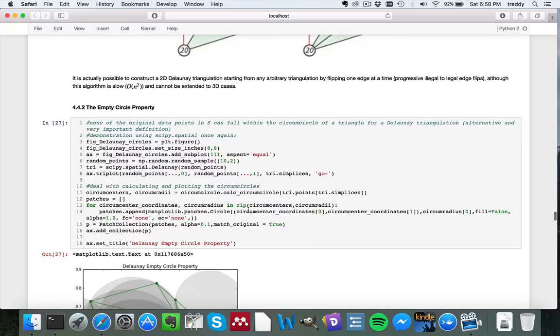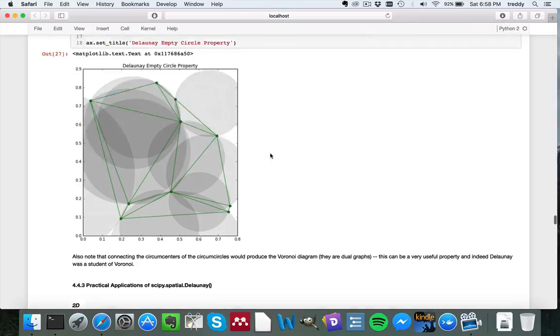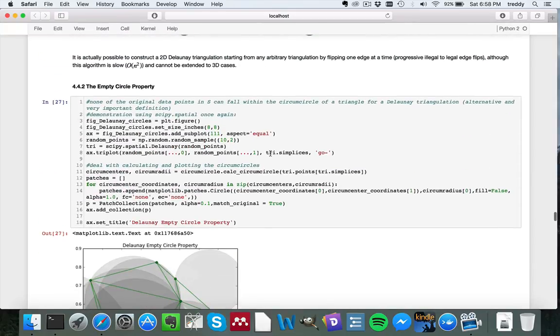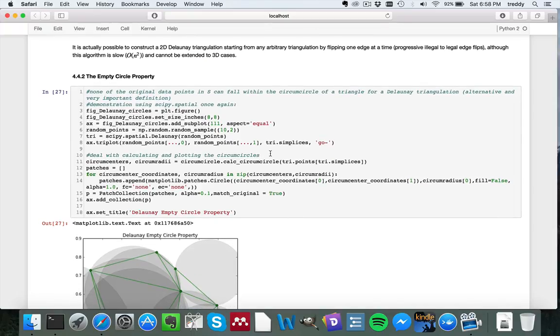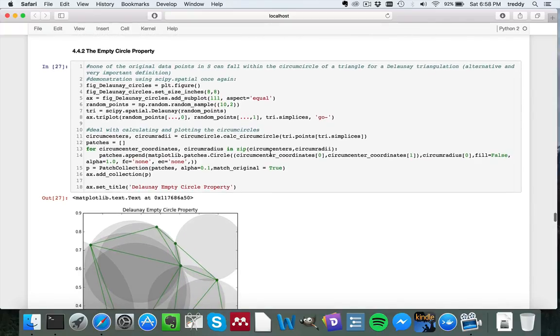Before we move on to some practical applications below, I just want to mention the famous empty circle property of Delaunay triangulations. This is used extensively. It's used in the duality between the Delaunay triangulation and the Voronoi diagram.